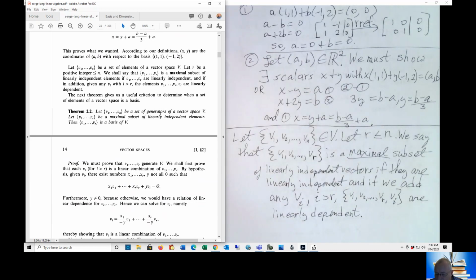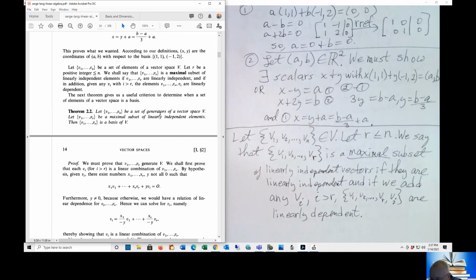First, they have to be linearly independent. And then second, if we add another vector to them, v sub i, where i is greater than r, then that set, v1 through vr, in addition to vi, becomes linearly dependent.